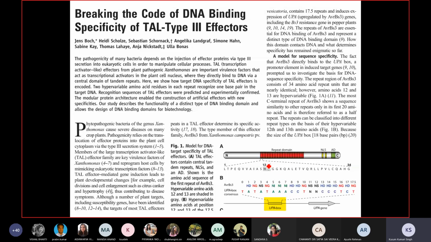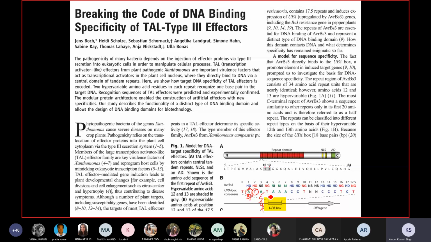Even further, when they noticed in detail, they always found that the 12th and 13th amino acids within the repeat are important in binding to one base pair, as shown here. Basically, what they were able to deduce manually is that HD always binds to base pair C, HG always binds to T, NS binds to A, C, G or T, as we have shown in other experiments.